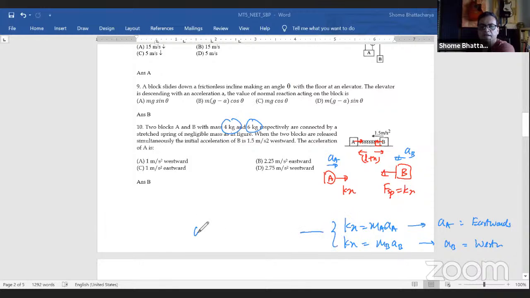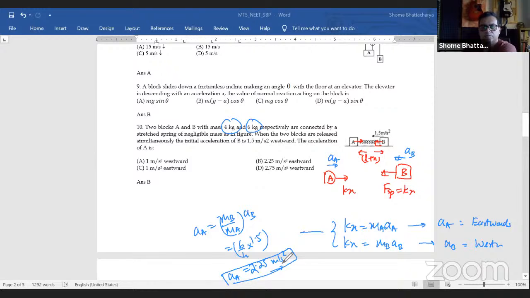So from this you can see that acceleration of A should be 6 by 4 times 1.5. So 1.25, sorry, 2.25 meters per second square. This is the acceleration.